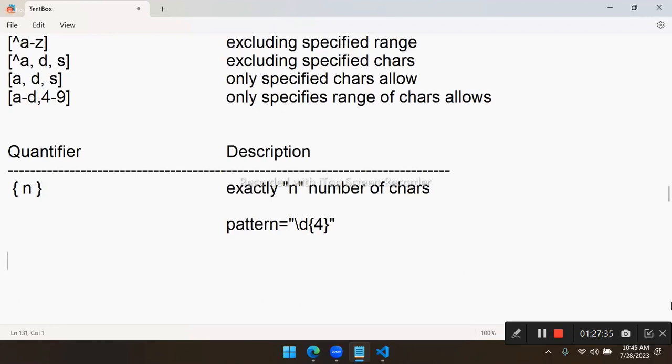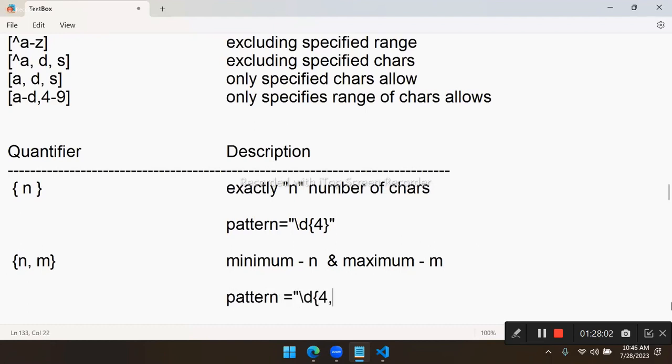Suppose that is actually n. n means number, any number. We can use n comma m. This indicates minimum n and maximum m. That means you write the pattern like this, \d and 4 comma 10.